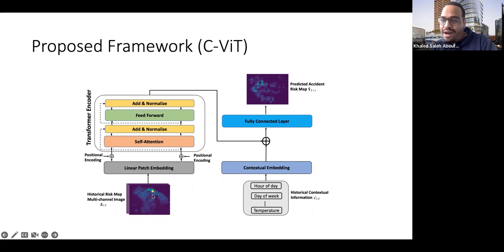This means a higher risk of accidents, while on the boundaries, for instance, there are fewer accidents, or could be zero accidents. So this self-attention mechanism makes our model more efficient in deciding which areas of the input risk maps to model. Instead of bluntly processing all the different areas in the input, the self-attention helps the model focus on areas that might have more valuable information.